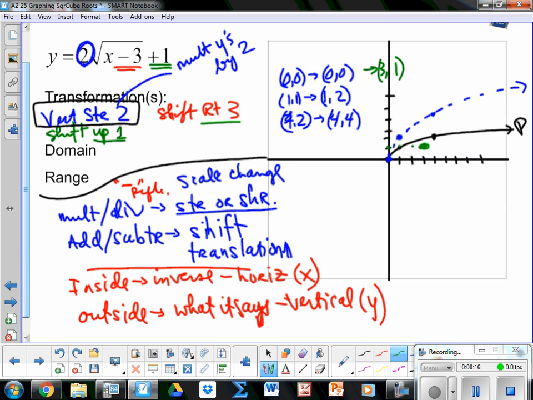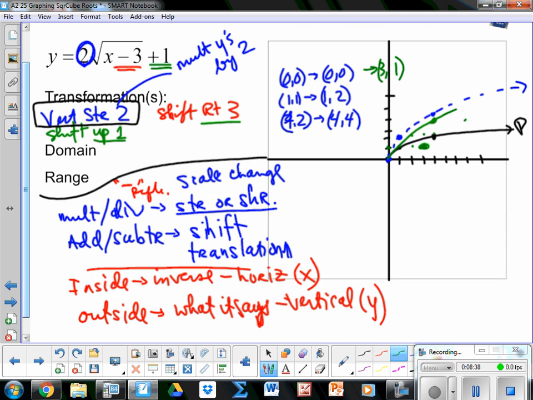Okay, so I'm going to go, again, right 3. This is now the 1, 2 point that I'm working with. So right 1, 2, 3, and then I'm going to go up 1. I don't know what's going on here because my, oh, yeah, well, that's probably good actually. Right 3 and up 1. Really?